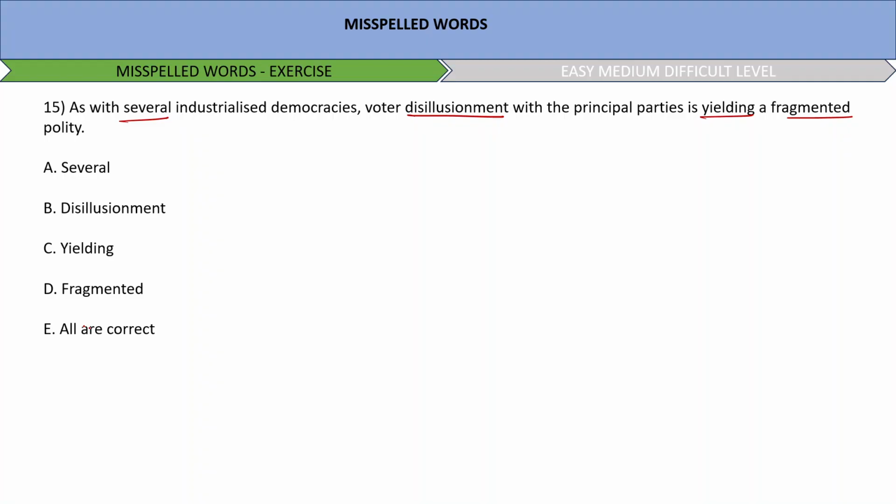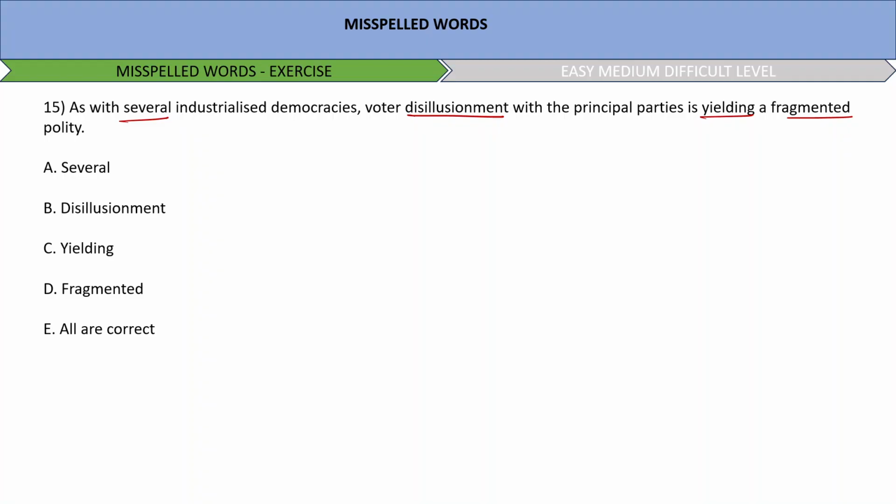Just check once. All these spellings are correct and hence the correct answer is all are correct.